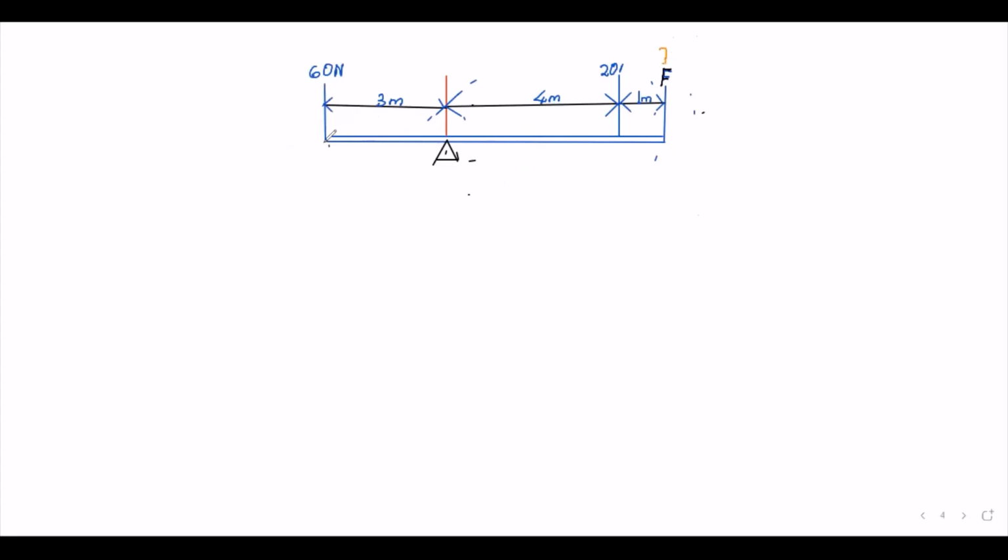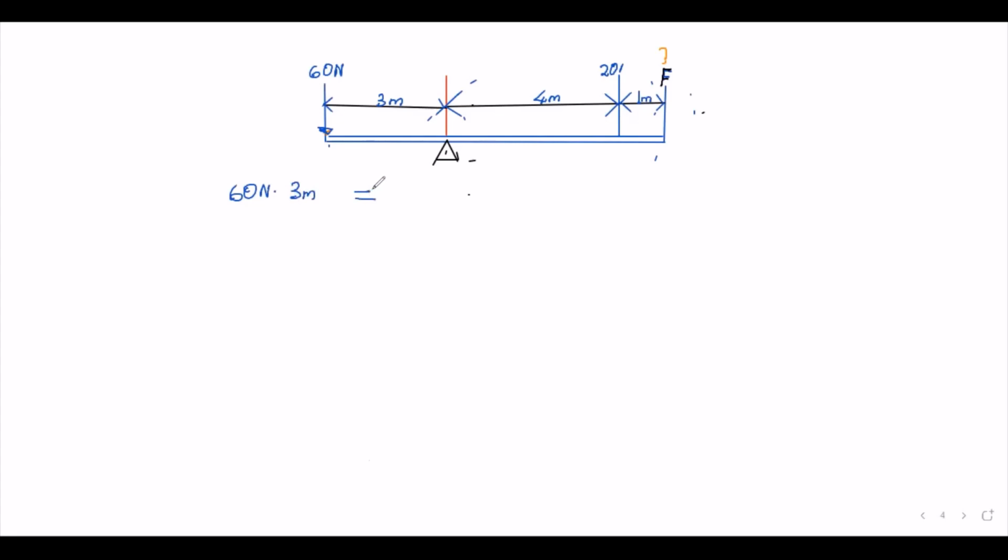I hope you appreciate that the force of 60 Newton at that point will give us the anti-clockwise moment. And this anti-clockwise here will be 60 Newton multiplied by 3 meters.